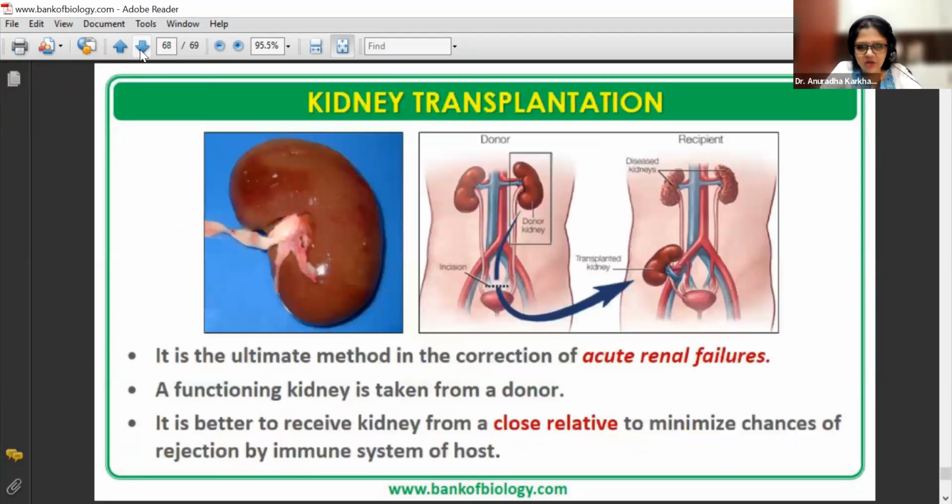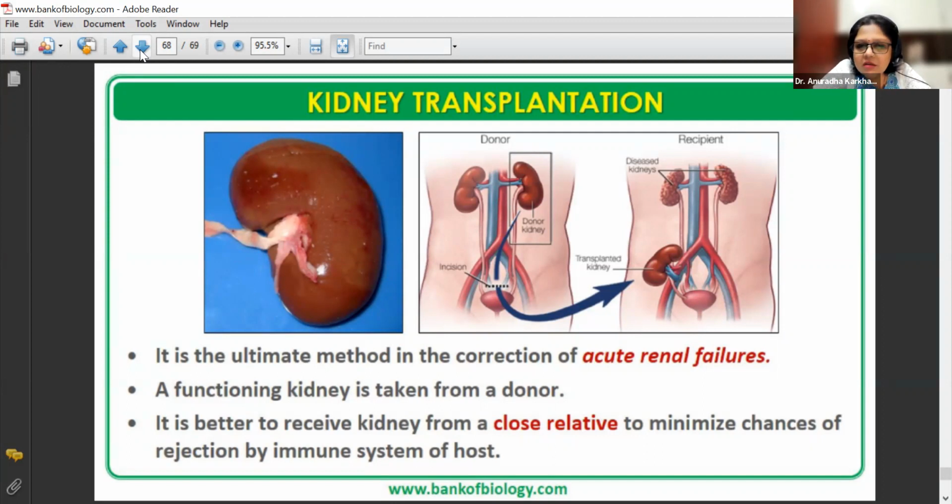That's all about dialysis, hemodialysis. Kidney transplantation is the ultimate method in the correction of acute renal failures. Okay, so a functioning kidney is taken from a donor. It is better to receive a kidney from a close relative to minimize the chance of rejection by the immune system of the host.